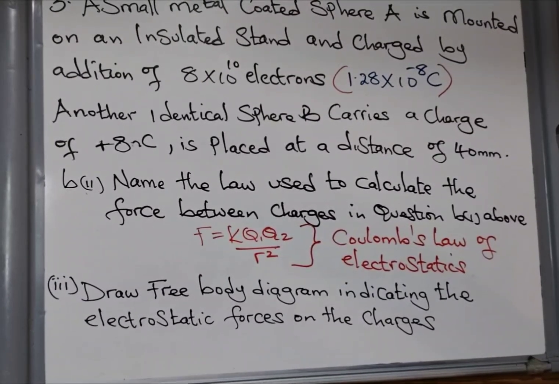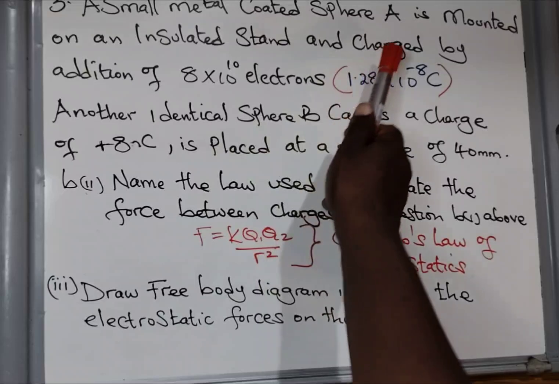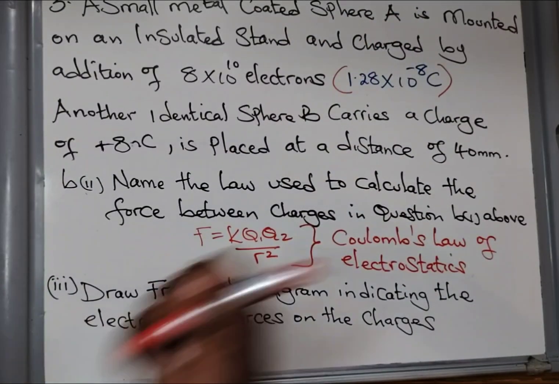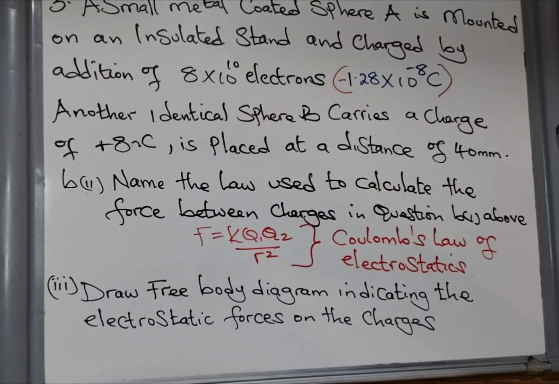So comes this question. It says, draw a free body diagram indicating the electrostatic forces on the charges. We have to remember that we observed that the charge on A is negative because electrons were added there.